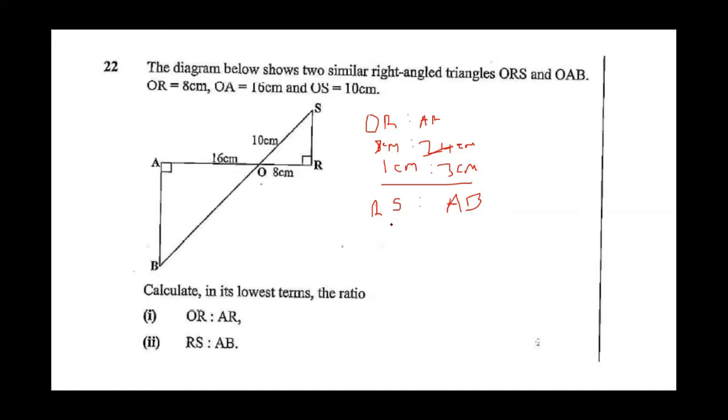This one will automatically also be 1 to 3, 1 centimeter to 3 centimeters. Why? Because these are similar triangles. So when we try this side and that side, the ratio that it will give you will be the same as this side and that side. All right, so that is how you handle that one.